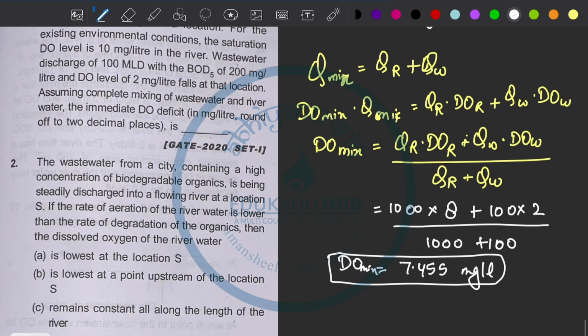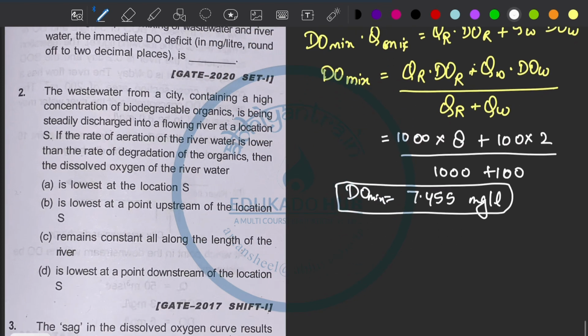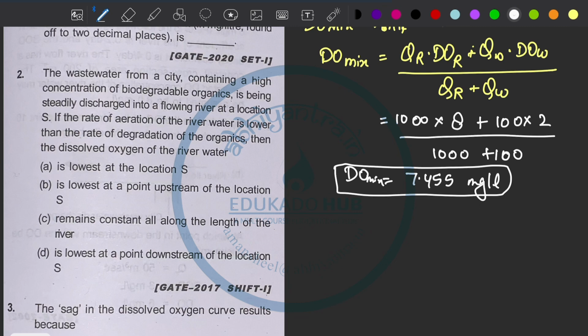They want the dissolved oxygen deficit. That means how much oxygen deficit is there. So that oxygen deficit is given by saturation DO minus the actual DO, that is this much actual DO.